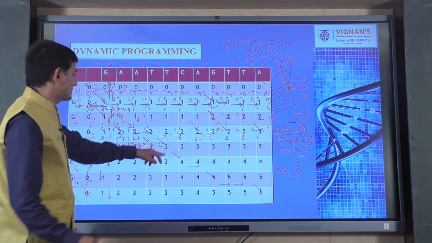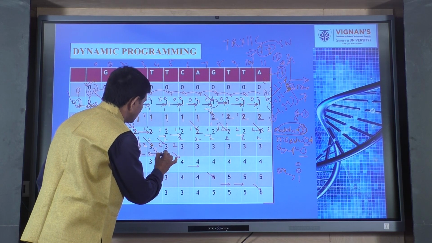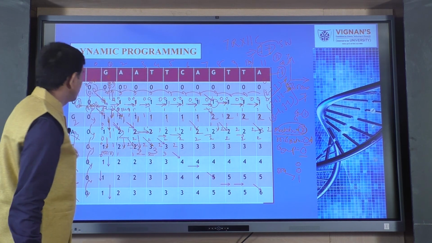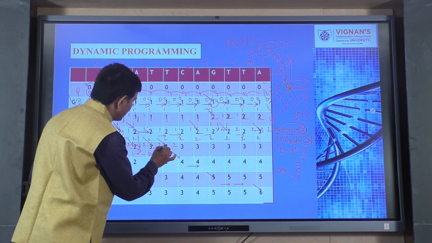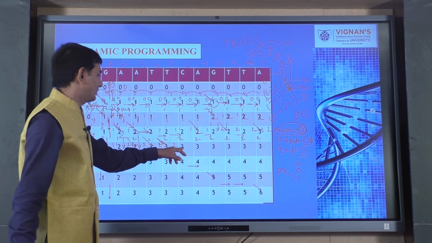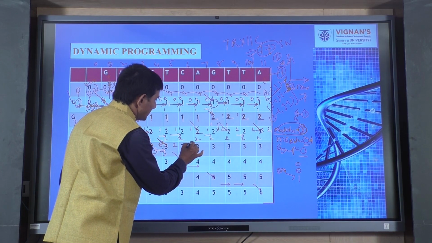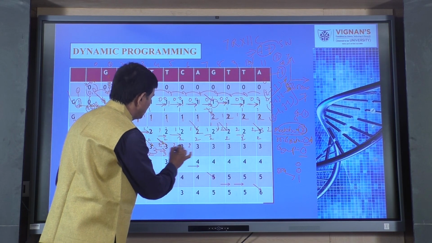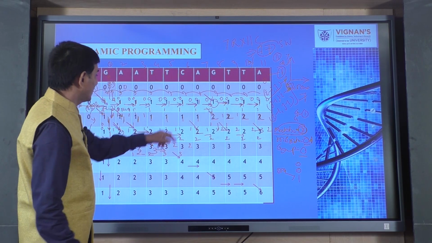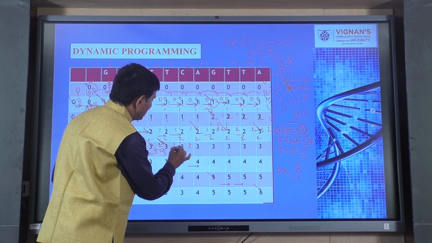Similarly, for this particular cell, change in row is 2, change in column is 3, change in row and column 2 plus 1, 3, more than one direction. Similarly, for this particular cell, change in row is 2, change in column is 3, both row and column is 2.